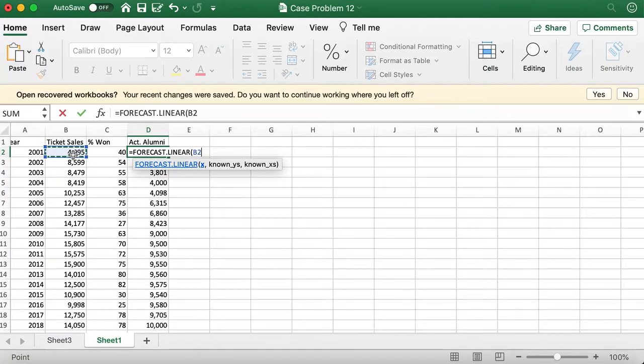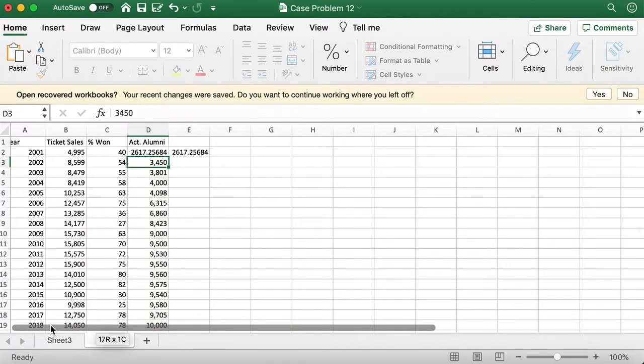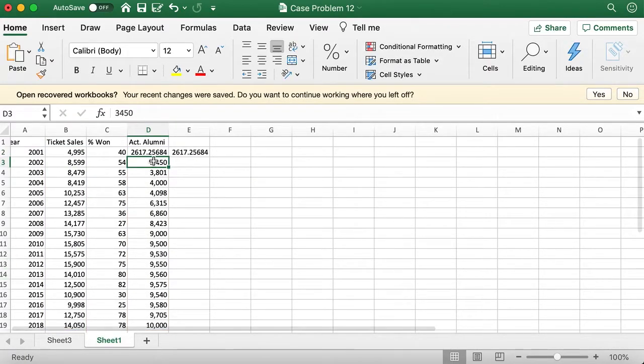So ticket sales is the X we want to predict from, and our known Y's are going to be these active alumni here. We select those, and then we select our X's that we know for sure, from past data. So now we can successfully predict that. That gives us 2,617 active alumni for 2001.